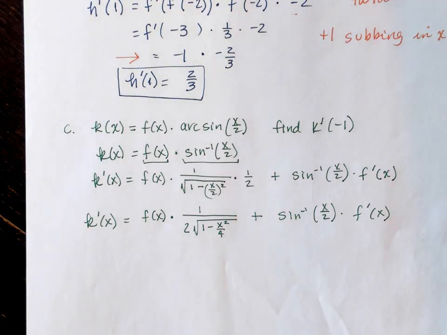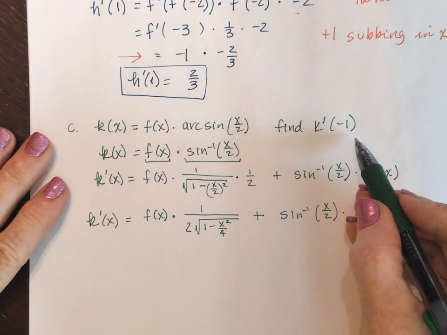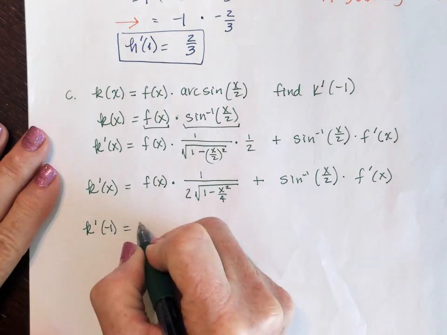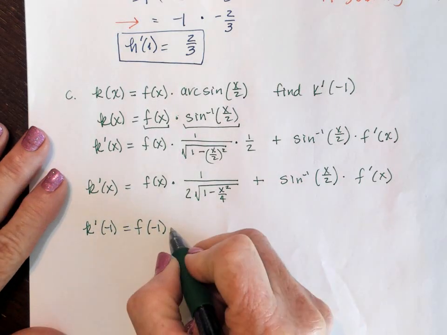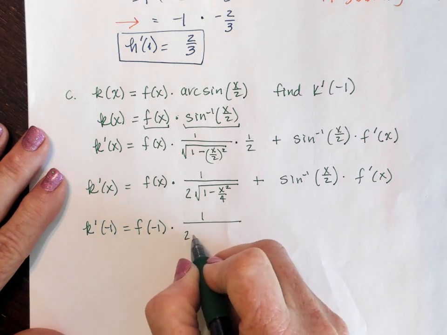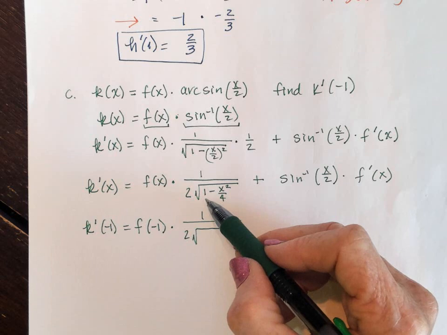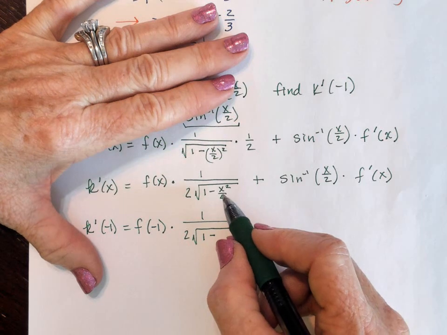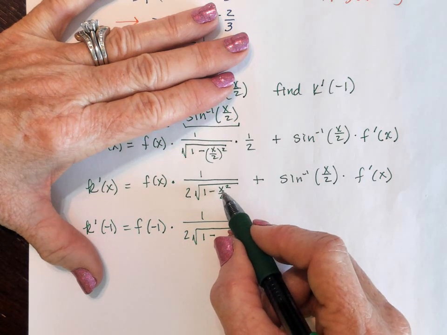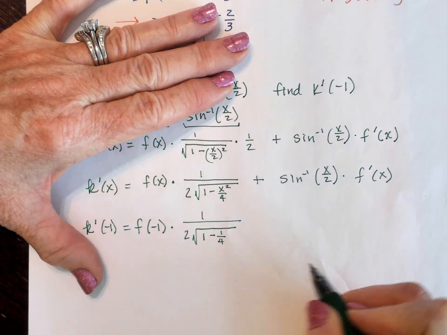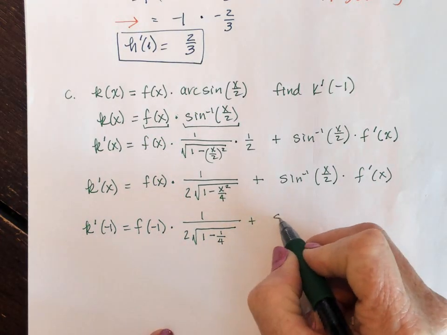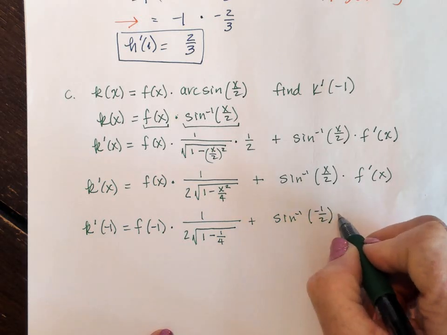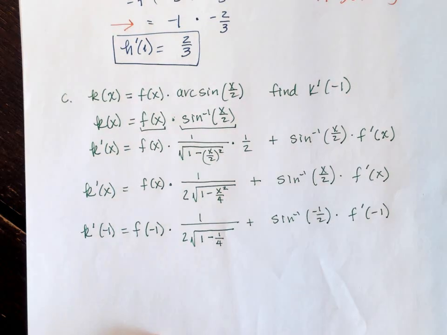Okay. At this point, rather than simplifying any further, I know I have to evaluate it at negative 1. I might as well plug in that negative 1. So K prime of negative 1 is f of negative 1 times 1 over 2 square root 1 minus a negative 1 squared, so 1 over 4, plus inverse sine of negative 1 over 2 times f prime of negative 1.